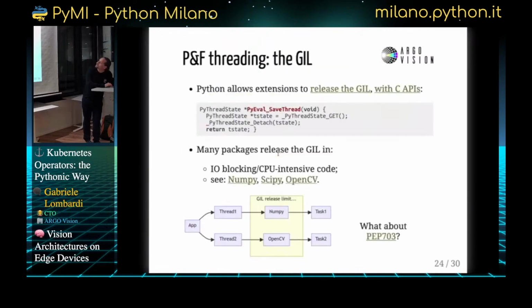Let's see. The GIL. Okay, this is very bad for performance. We want to parallelize, and there is a GIL that makes our threads not really parallel, concurrent, but not parallel. What can we do? Nothing needed, because there is an API, obviously, to release the GIL.